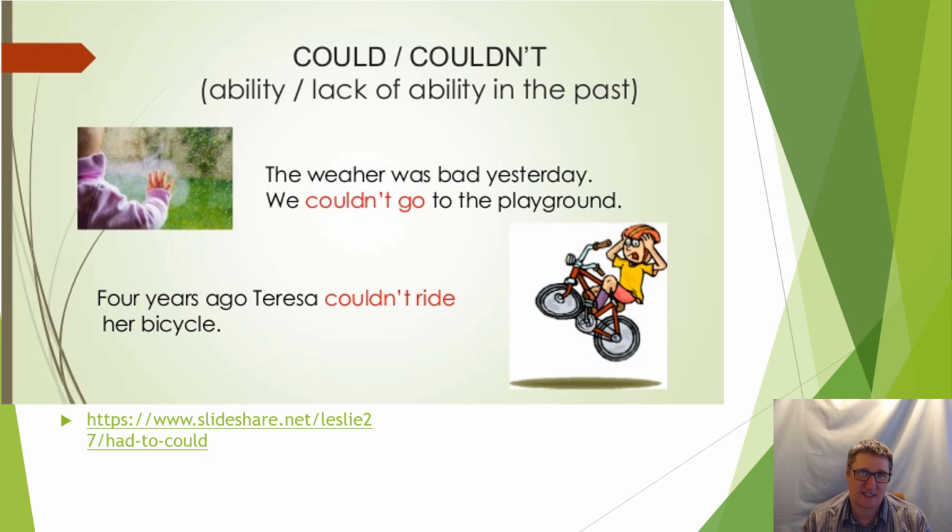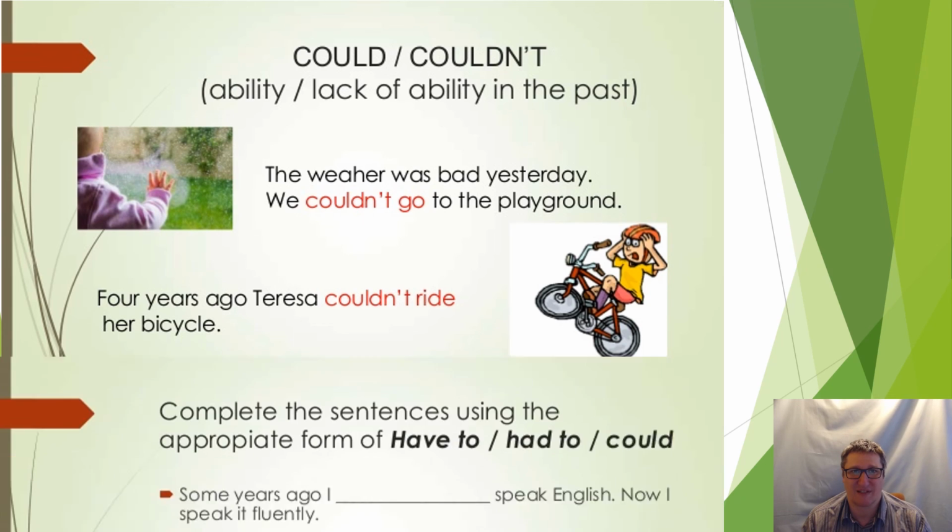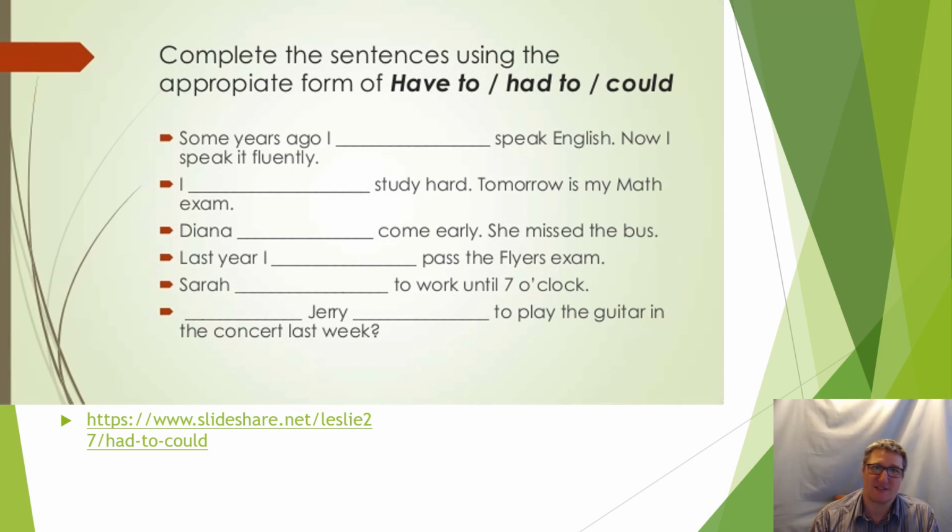Could and couldn't are the past tense of can and can't. So let's practice that quickly. Please pause the video here, look at these sentences and put in the correct form of have to, had to or could. That will include negatives.